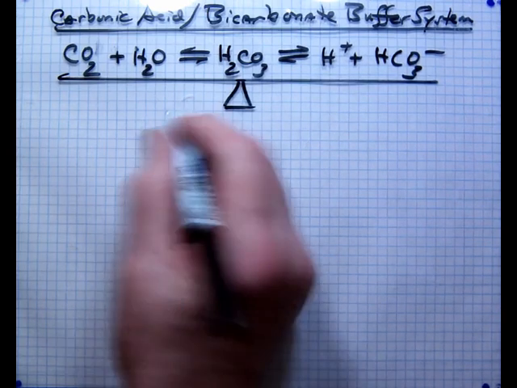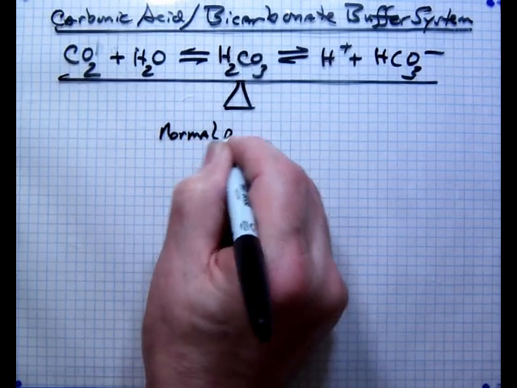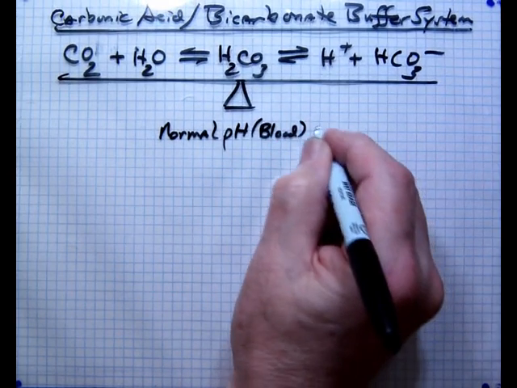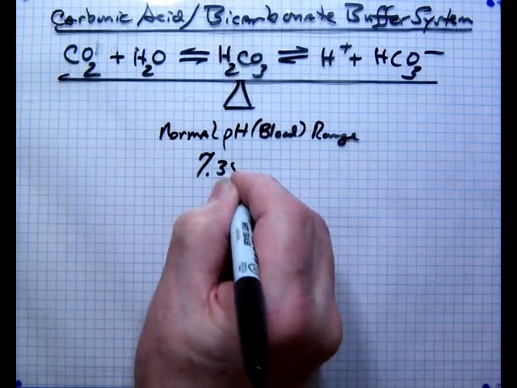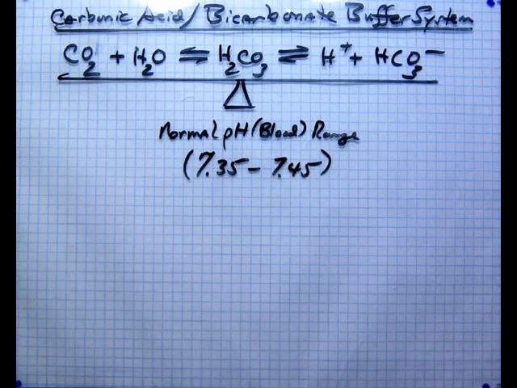Now the normal range, as I understand it, runs about 7.35 to 7.45. I think that's the common representation that I've seen in all the books and videos I've looked at. So if we get outside of that pH range, it becomes basic or becomes acid.